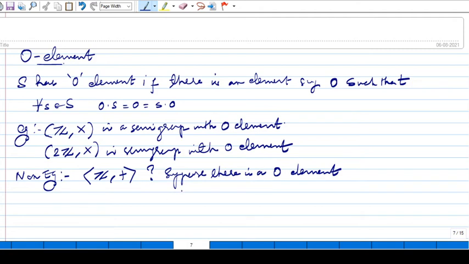Then what happens for every integer n? n plus 0 is equal to 0, or equal to 0 plus n. But you already know what n plus 0 is.